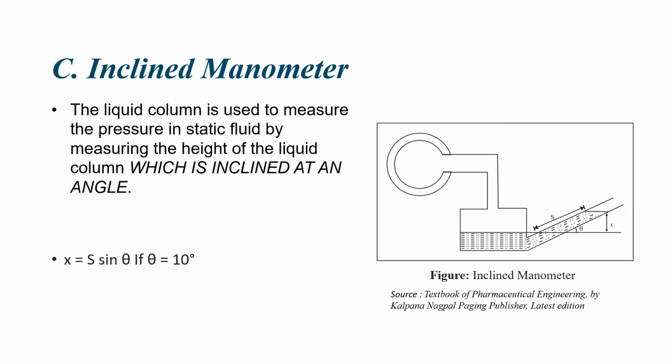Here x is nothing but S, that is slant height, multiplied by sine theta of this particular angle. So the height will be replaced by the term x, that is equal to S sine theta. In the previous slide where h rho g was used, we shall be using x rho g, where x will be S sine theta.